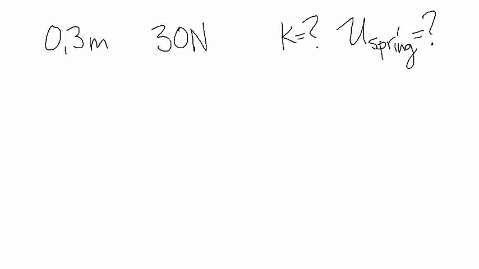Okay? So if I stretch the object 0.3 meters from the equilibrium position, the spring force on the object is 30 newtons. So with that information, can you tell me what the spring constant for the spring is and what the spring potential energy of the mass spring system is? Okay? So pause the video and try to work that out now, please.